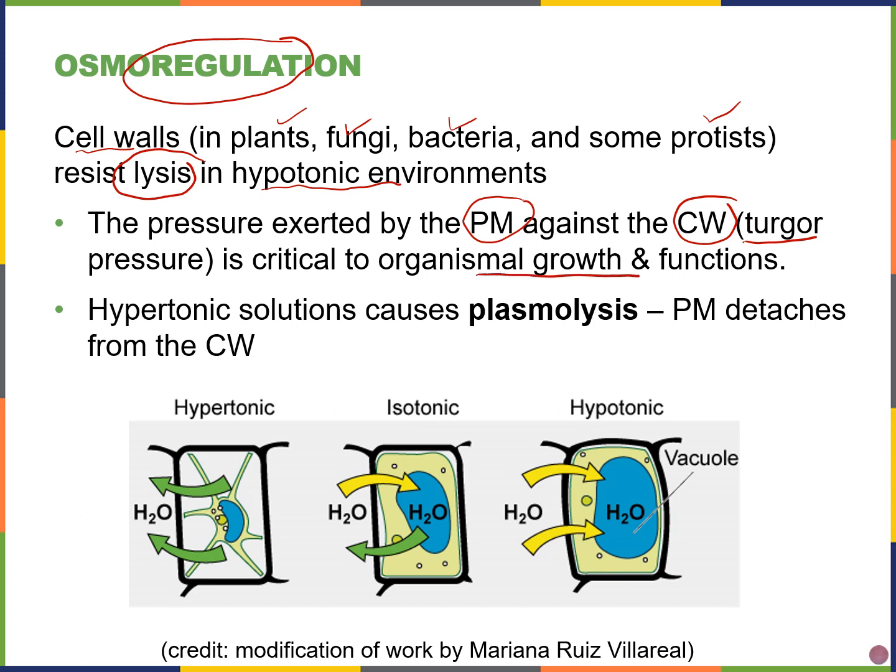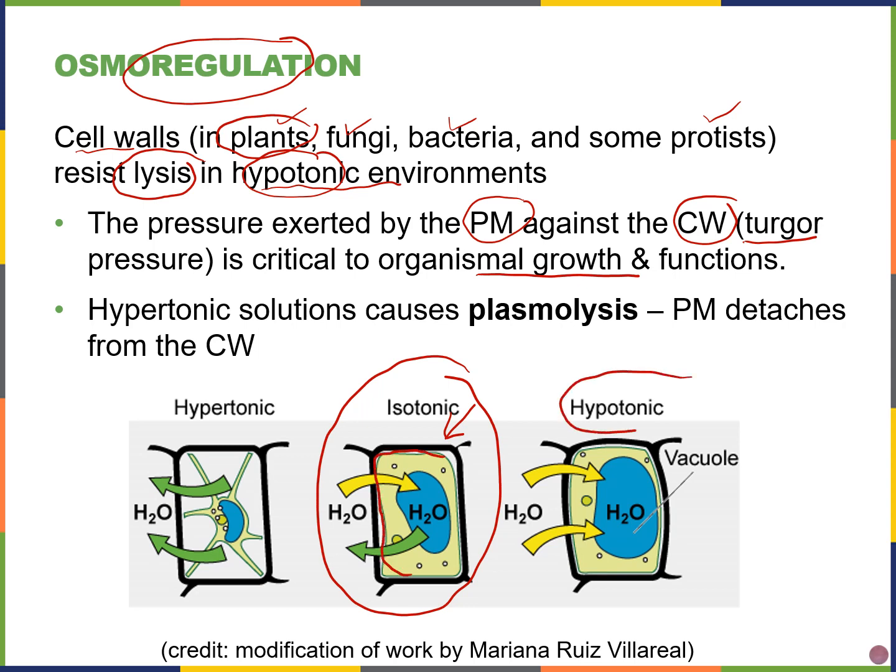And in fact, some organisms like plants actually prefer hypotonic environments. So if I look, this is an isotonic environment where there's no net movement of water into or out of the cell. I can see that the thick black line represents the cell wall, and the inner green line represents the cell membrane. In a hypotonic environment, water rushes into the cell, but the cell does not burst readily because of that rigid wall.